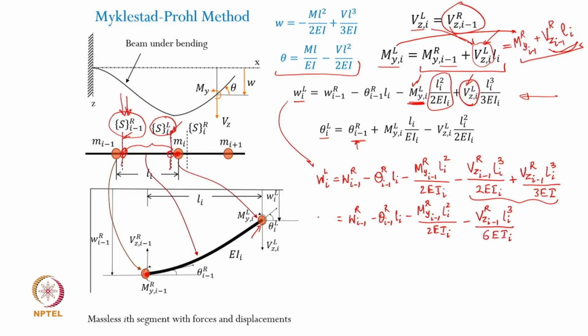Okay, that is how my displacement relationship is now uniformly brought in the form that the left side terms are related to all the terms on the right side in terms of the state variables on the right of the previous segment, right? And that's precisely what we want, right?